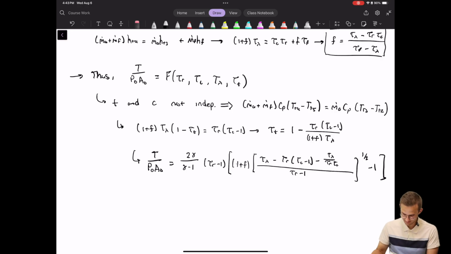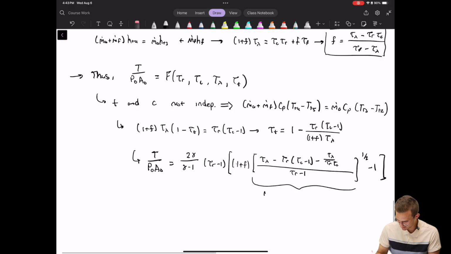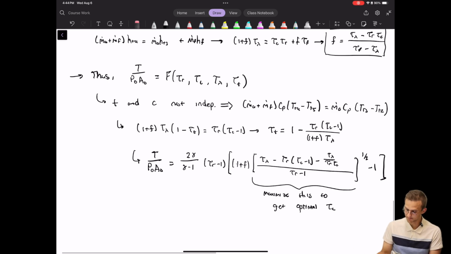Okay, and in essence, you just optimize this, maximize this, to get an optimal tau C or compressor ratio.